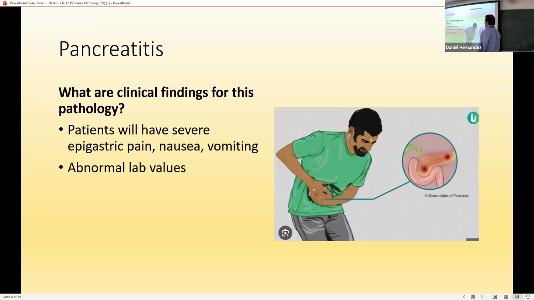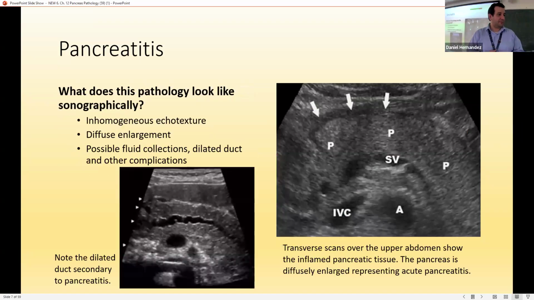Again, in these patients, what are we going to see? Epigastric pain, and like I said, it's very, very painful. Nausea, vomiting. We look for those abnormal labs, the elevated lipase and amylase. Sonographically, we're now looking for a pancreas with areas that appear more heterogeneous.